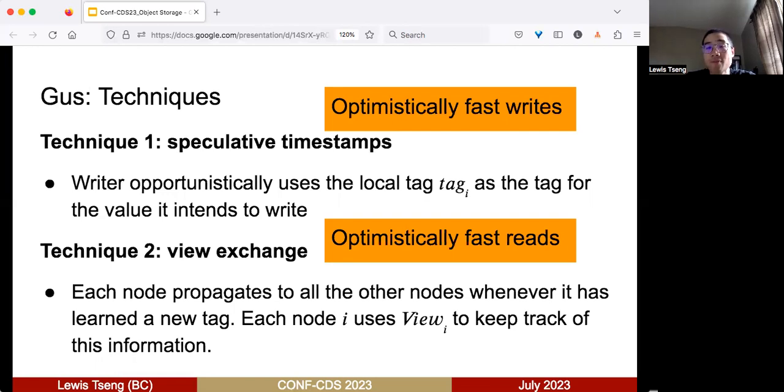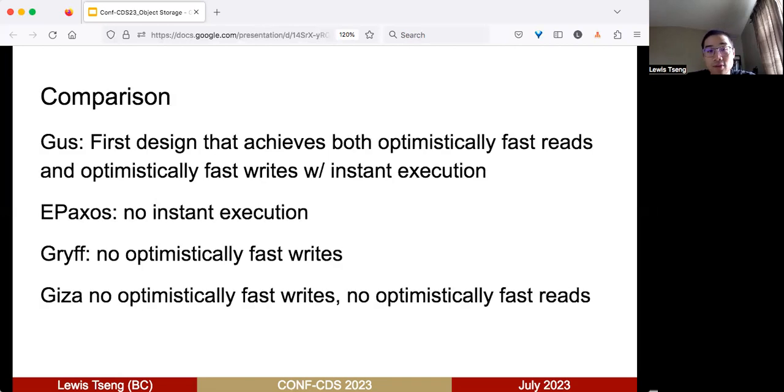To recap, this means that the write and read operations can be completed in one round trip after communicating with a simple majority. And in comparison, GOS is the first system that has both optimistically fast operations and instant execution. For ePaxos, there's no instant execution. For Grief, the write is slower. For Giza, actually the write and read are both slower.